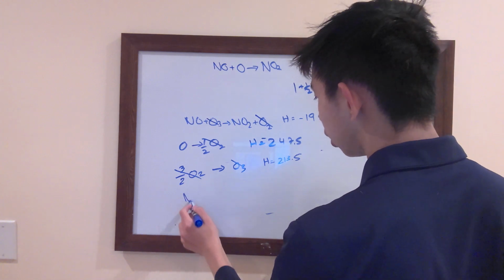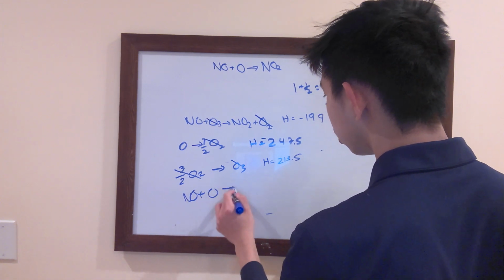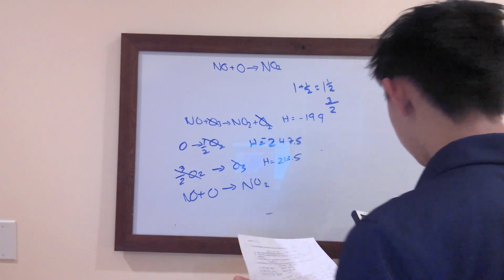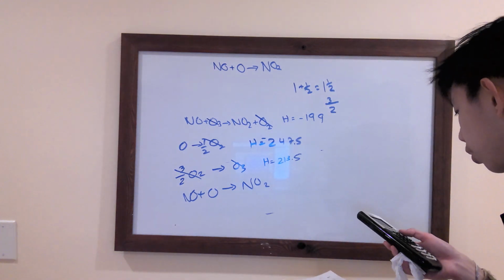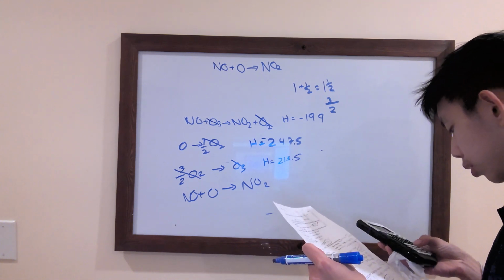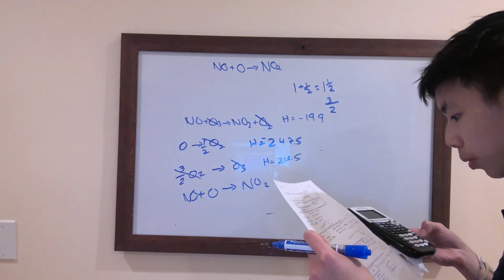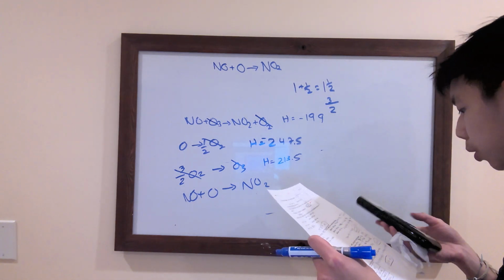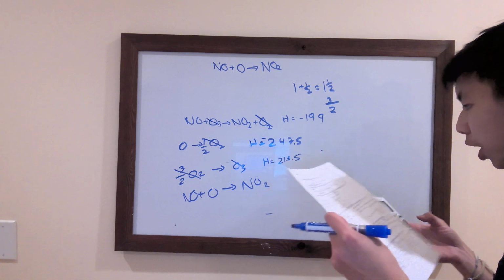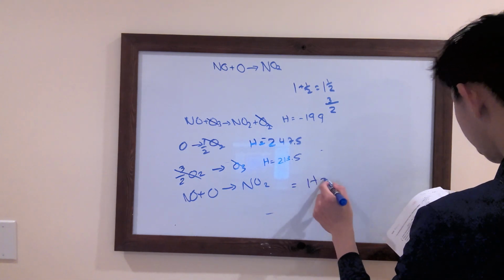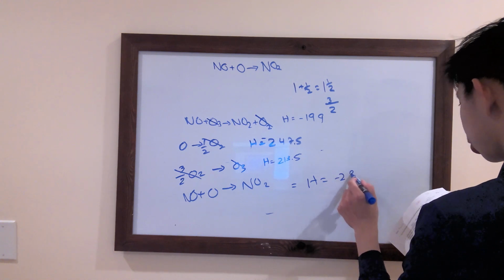And so you're left with NO plus O gives NO2. Then you just add up all these numbers together: negative 199 plus negative 247.5 plus 213.5. Then H is going to give you negative 233.